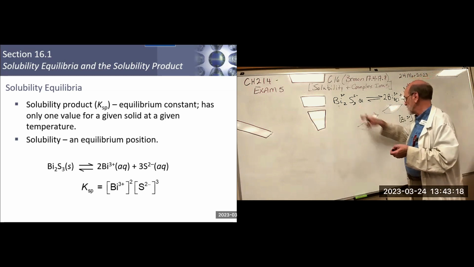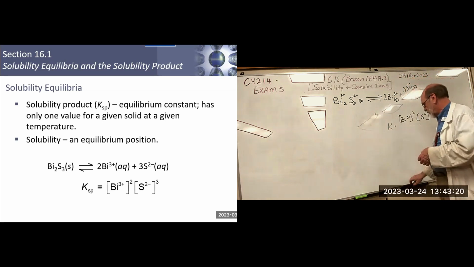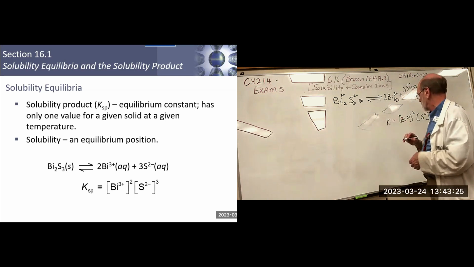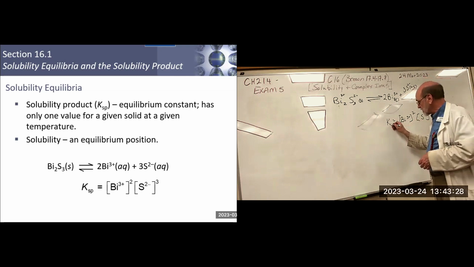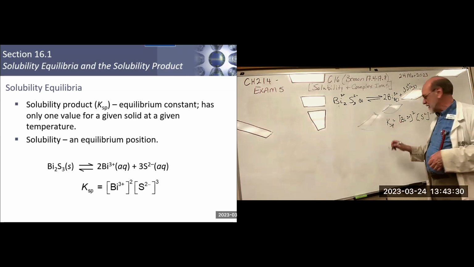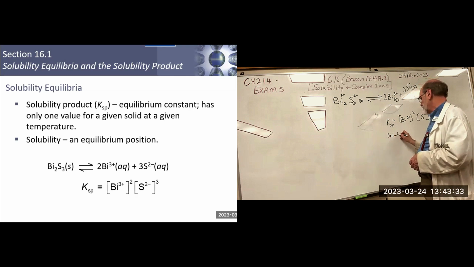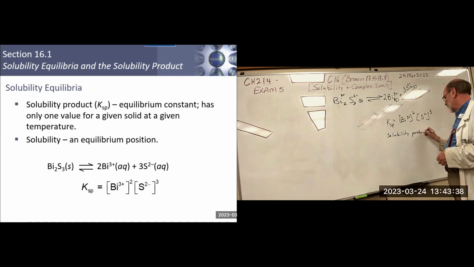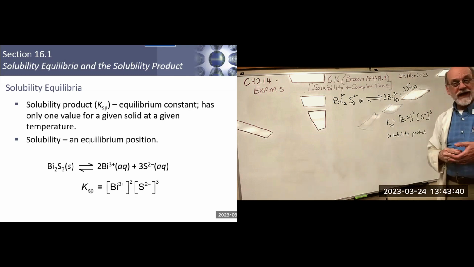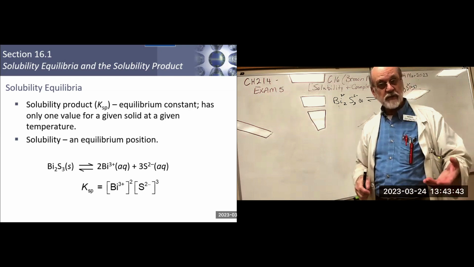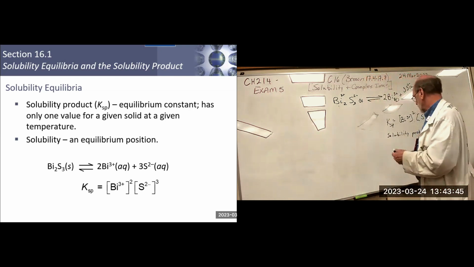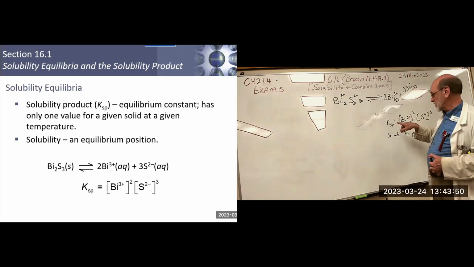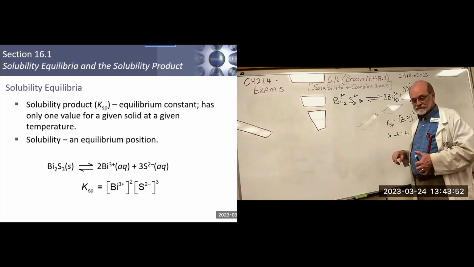So this solid does not go in here at all. In fact, we ought to move this K up here. That's why it has a subscript of SP. SP means solubility product. And this is the format for every solubility equilibrium expression. It's only the product of the ions that are produced when the solid goes into solution.